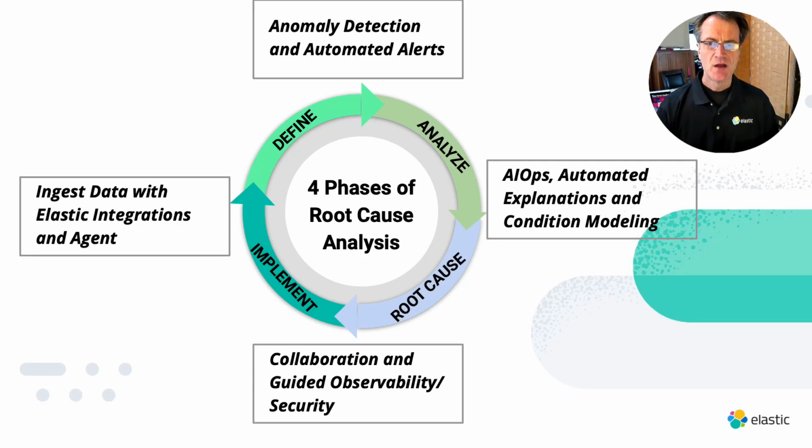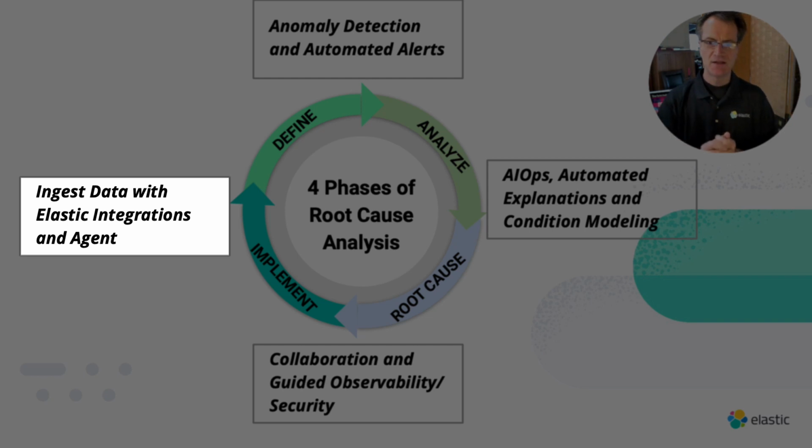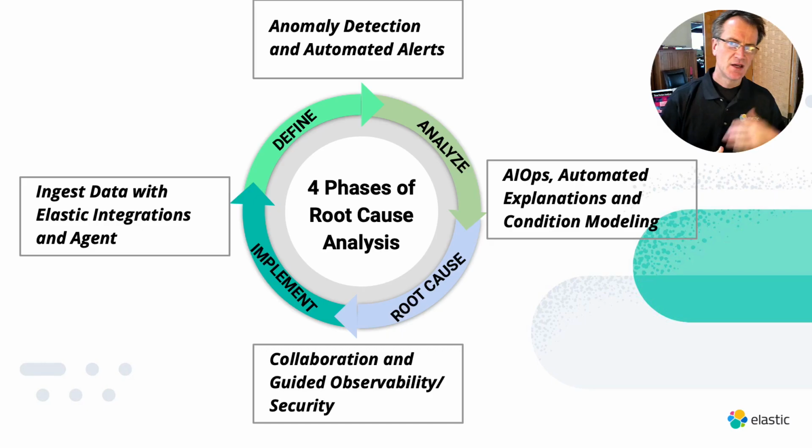All right. So how can Elastic help you apply root cause analysis? First, you need to have the relevant data in Elastic. And we have literally hundreds of integrations that allow you to connect to different data sources: Amazon S3 buckets, logs, metrics, and so forth.